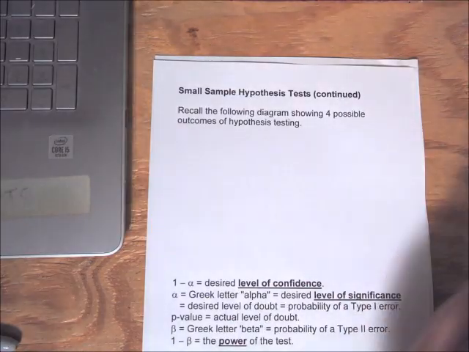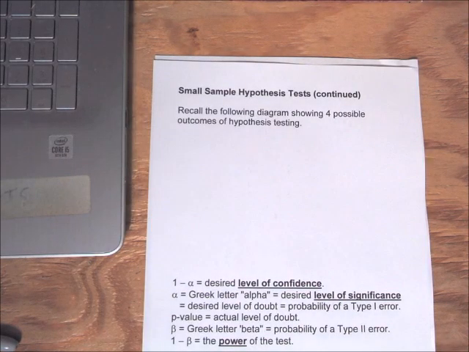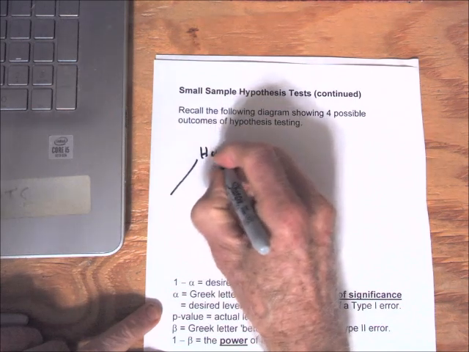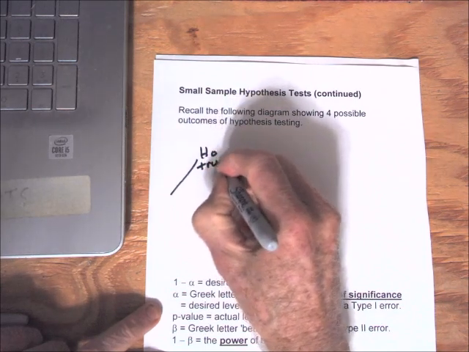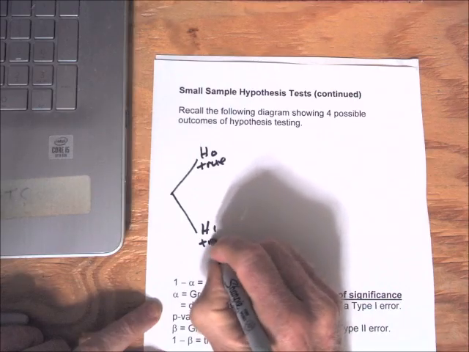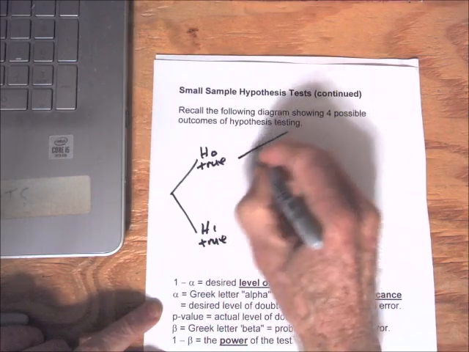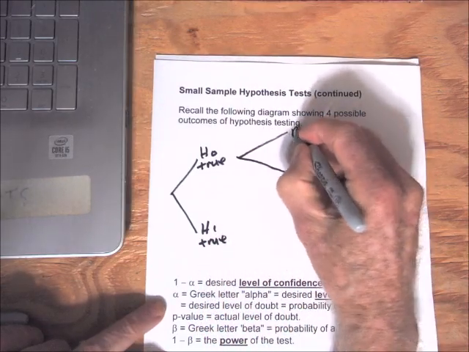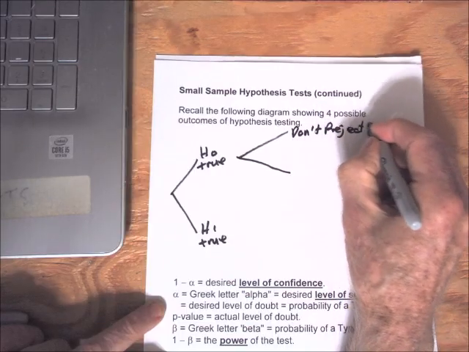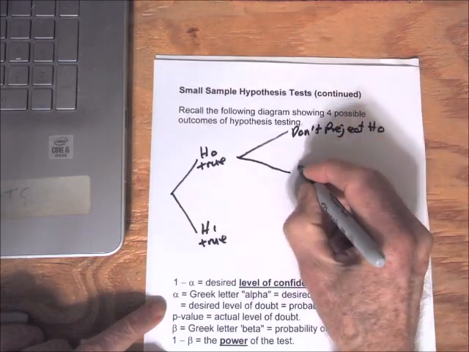Again, we can make a diagram showing 4 possible outcomes of hypothesis testing. Either h0 is true, or h1 is true, and either we don't reject h0 or we reject h0.